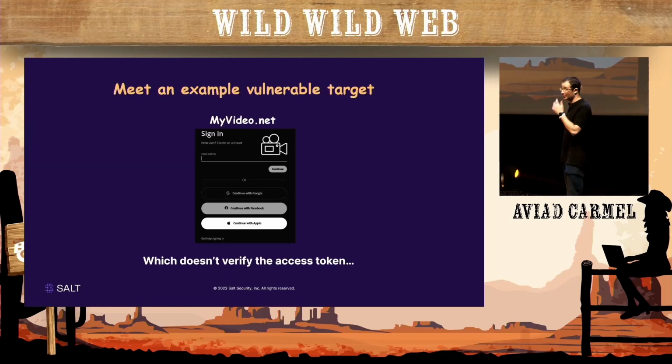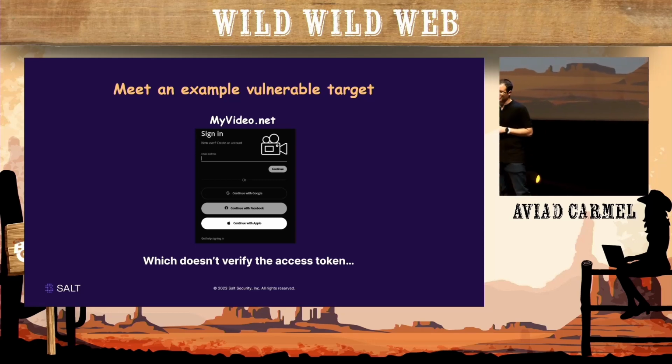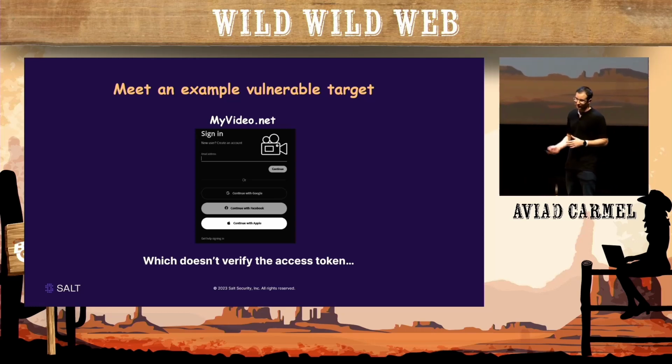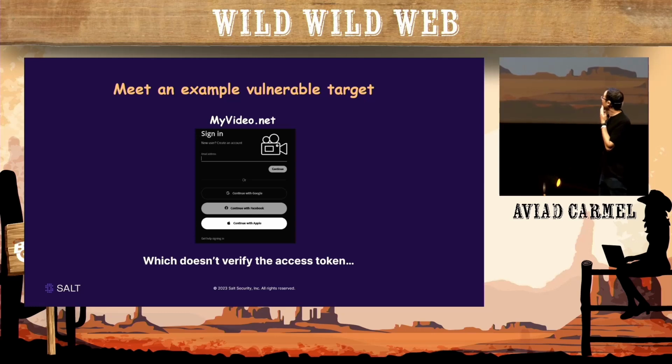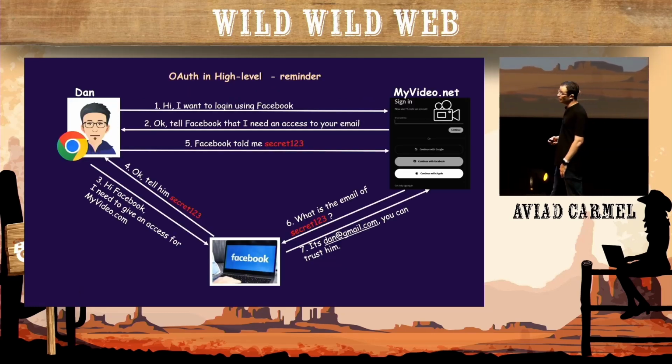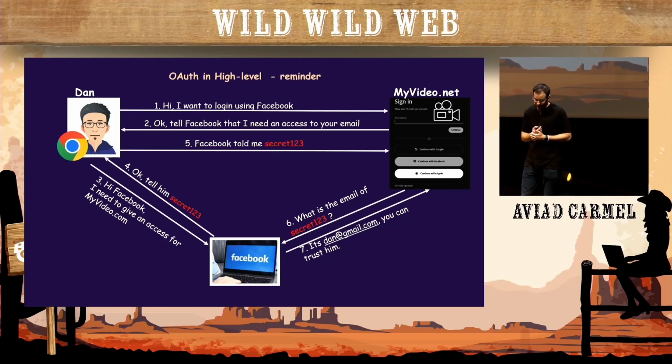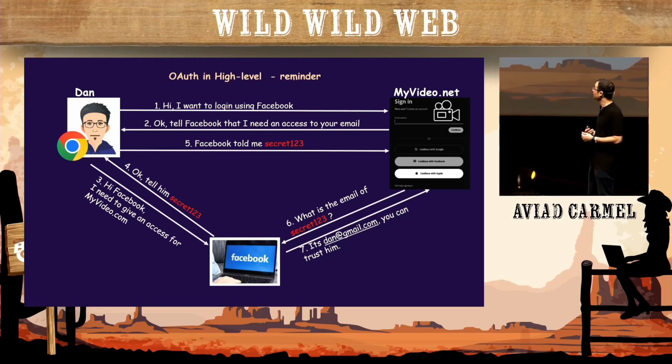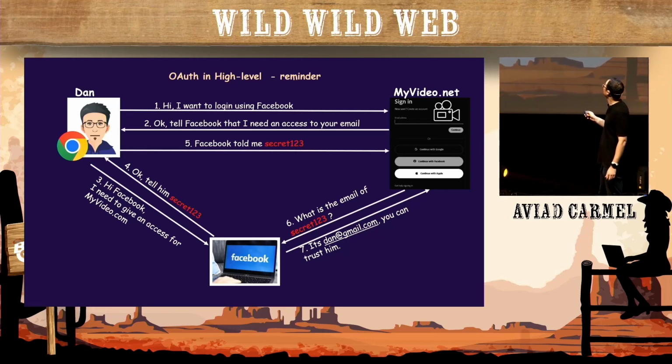So meet an example vulnerable target, myvideo.net, which doesn't verify the access token. And what I want to do is to exploit the fact that it forgot to verify the access token. So let's see how OAuth works in myvideo.net. You already saw this slide. This is the same thing as Time Planner. Dan authenticates himself to myvideo.